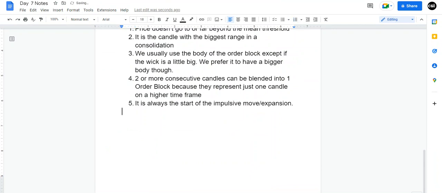So now let's go to how to select a valid order block. Basically what we're talking about here is the sponsor candle.